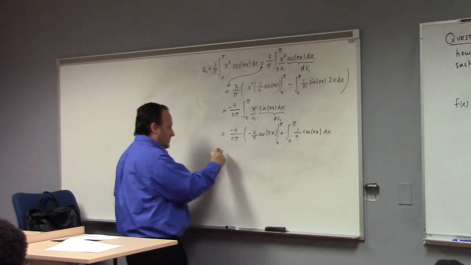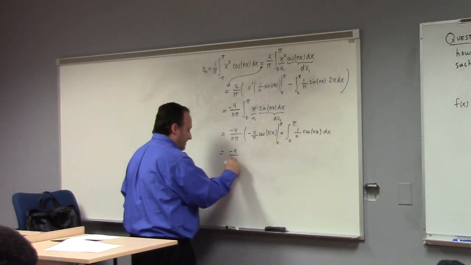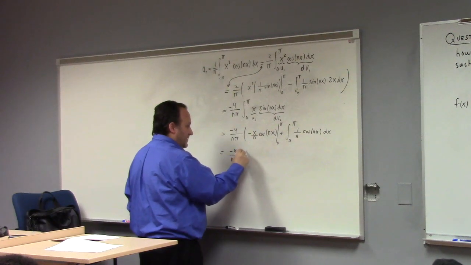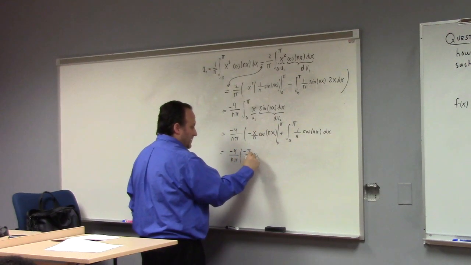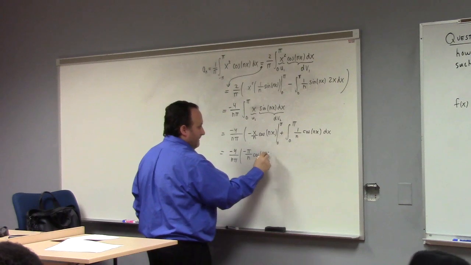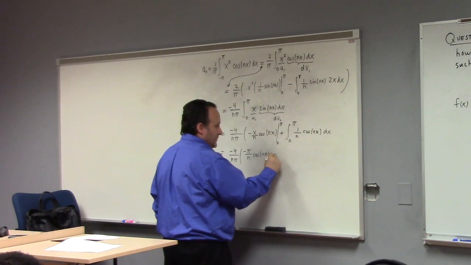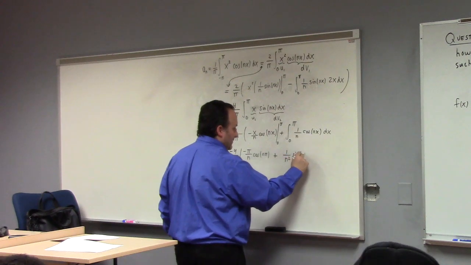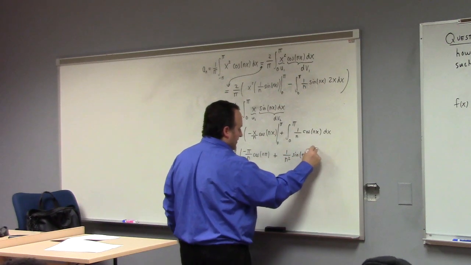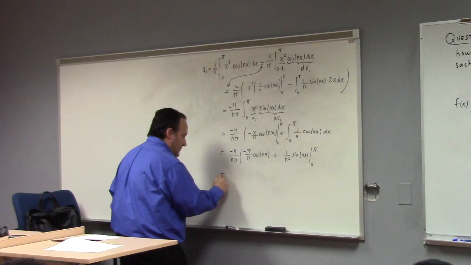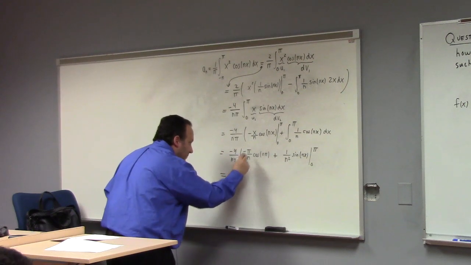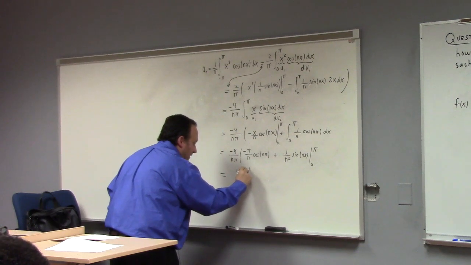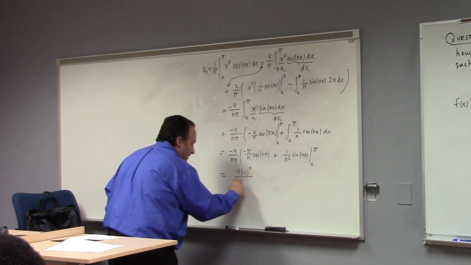All right, so let's get it done. Minus 4 over n pi. Plugging in 0 gives me nothing, but plugging in pi gives me something. Minus pi over n cosine of n pi plus 1 over n squared sine of nx evaluated from 0 to pi, which gives me nothing. So in short, the pi's cancel, and we get 4 times minus 1 to the n over n squared.